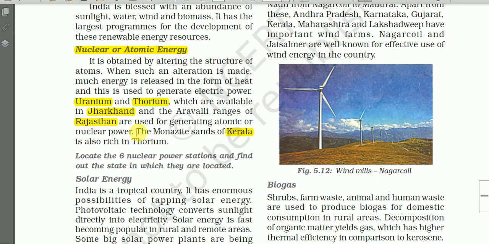And the monazite sands of Kerala are also rich in thorium. On the beaches of Kerala there is a sand known as monazite, and thorium is obtained from the monazite sand. So this is about nuclear or atomic energy.